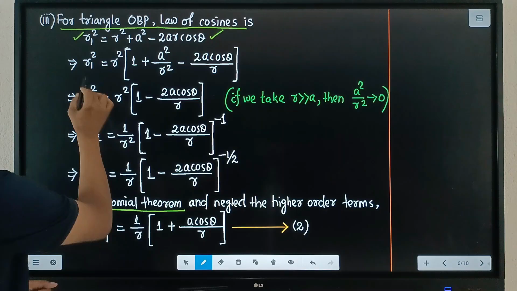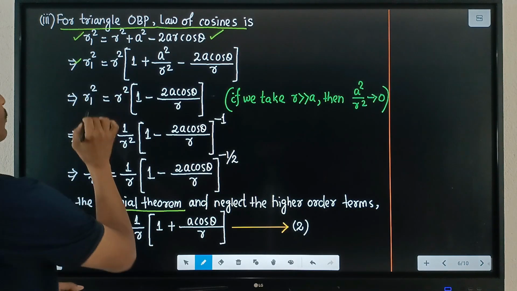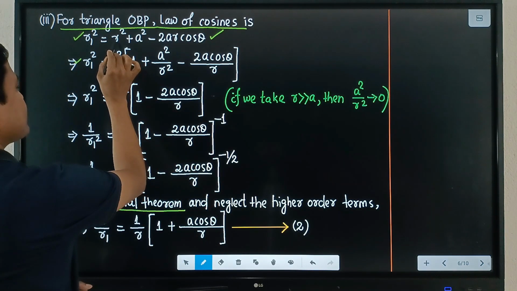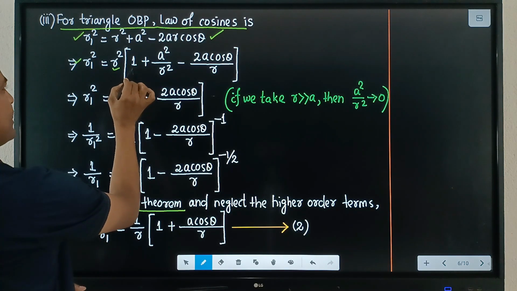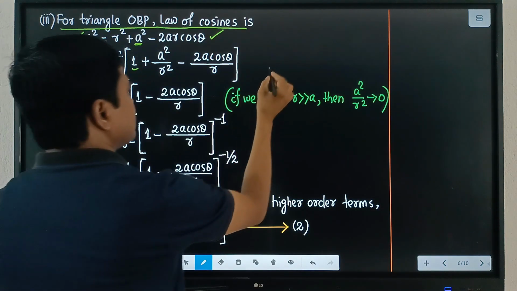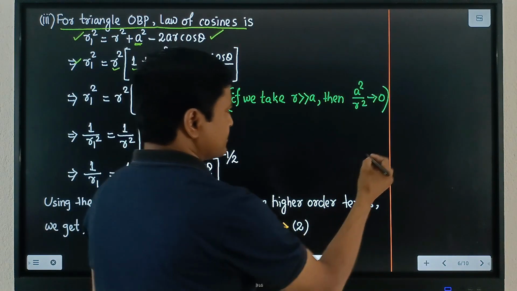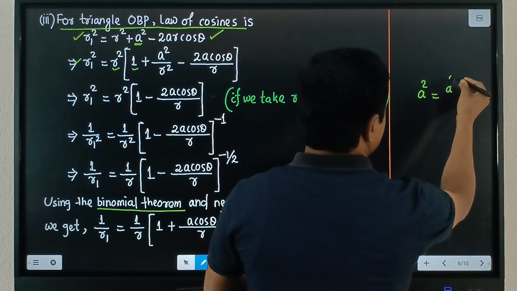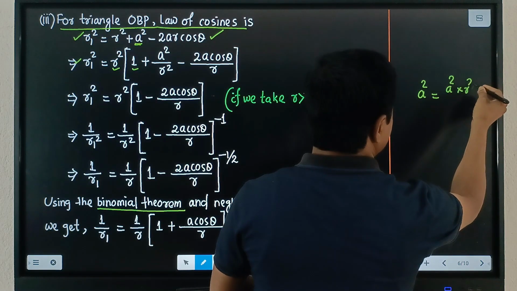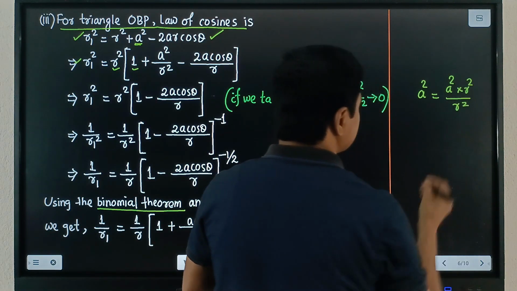Here we write r1 square is equal to, first term, r square. We take r square as common. If we take r square as common, here only 1 is there. Then a square multiplied by r square divided by r square, so the remaining is a square by r square. Similarly, here 2ar cos theta is there. We write this as twice ar cos theta multiplied by r square divided by r square.